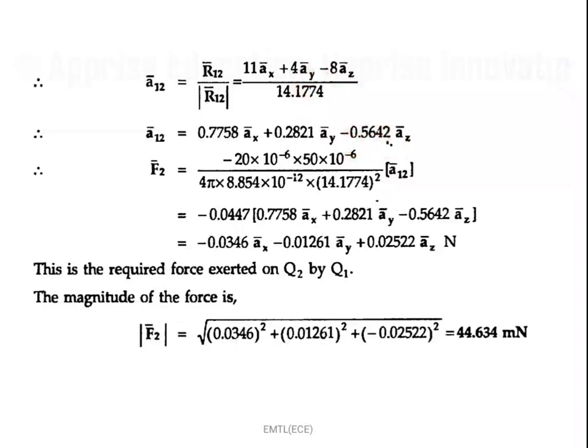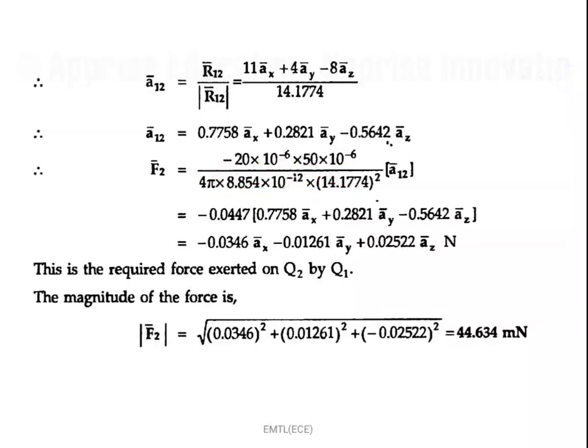Now substitute the values of q1, q2, 4 pi epsilon naught mod of r12 square and a12 bar vector also in Coulomb's formula. In the given problem, the q1, q2 values are 20 microcoulombs and 50 microcoulombs. So to convert the microcoulombs to coulombs, multiply with 10 power minus 6.